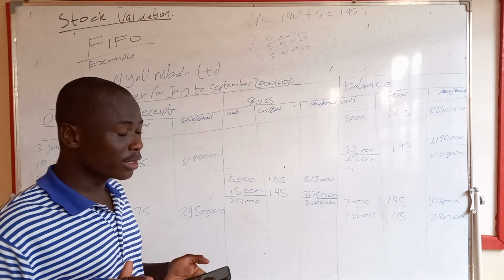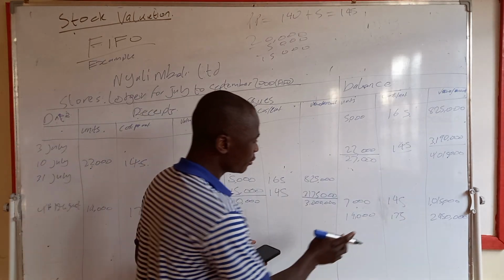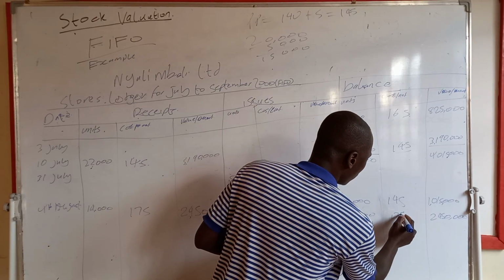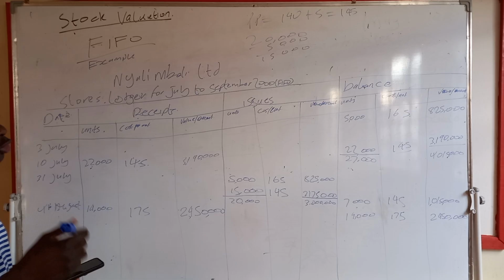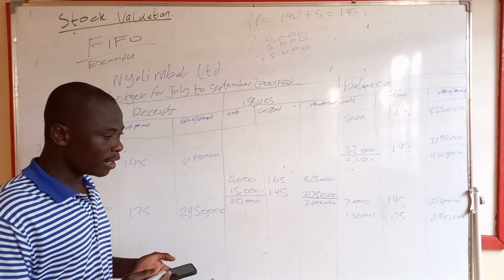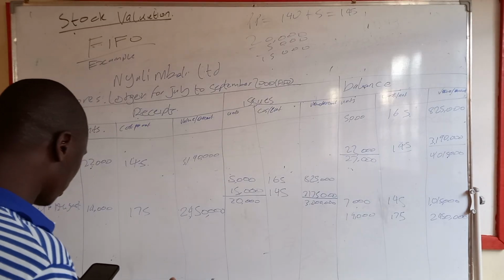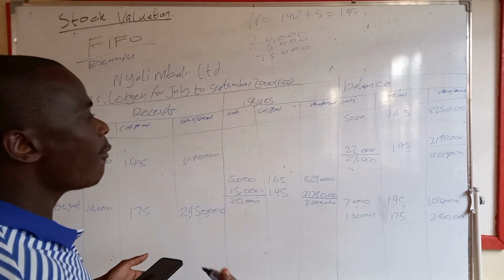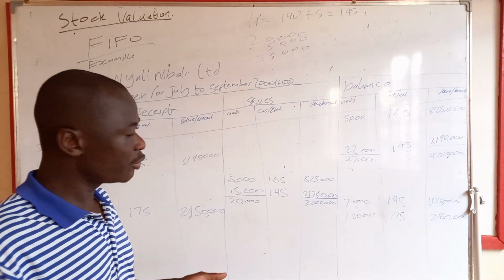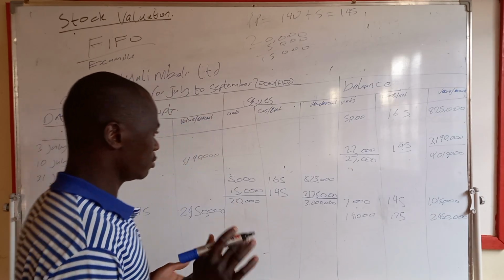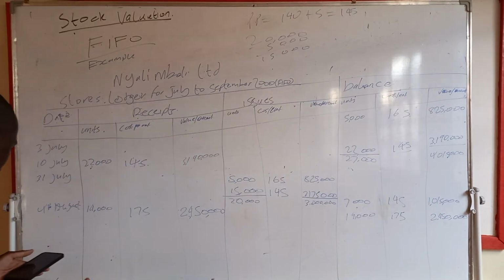We are only looking at the cost, the total value of the stock we are issuing to the customers, not the price at which we are selling. Not the revenue. We are doing the costing of the stock.